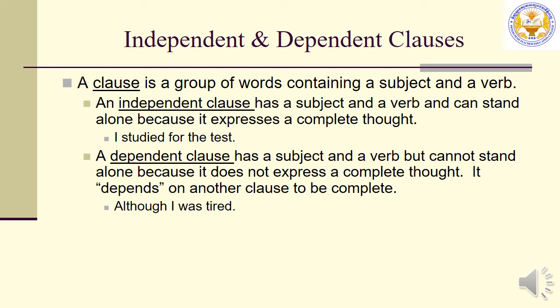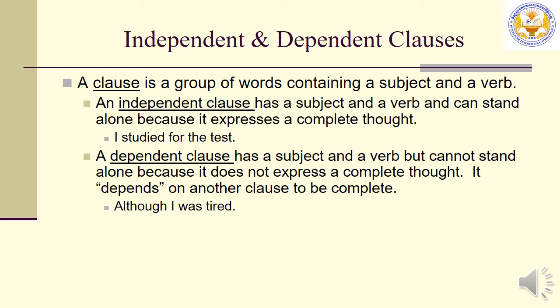That's why we have two types of clause: an independent clause and a dependent clause. An independent clause, shortly, is a sentence. It is a sentence because it has a subject and verb, and it can stand alone with a complete thought. You can understand an independent clause because it is a sentence.